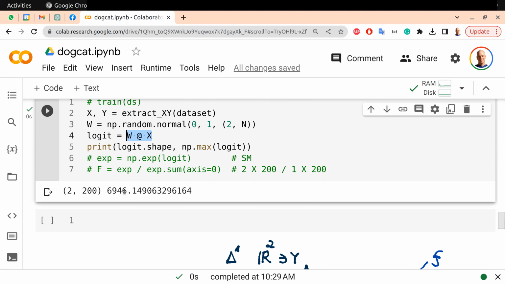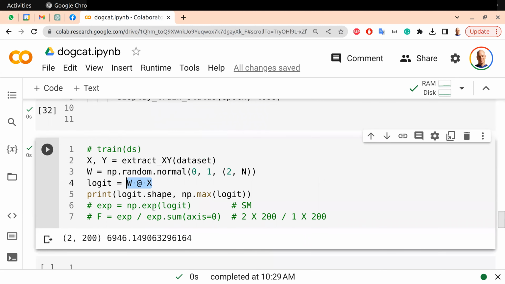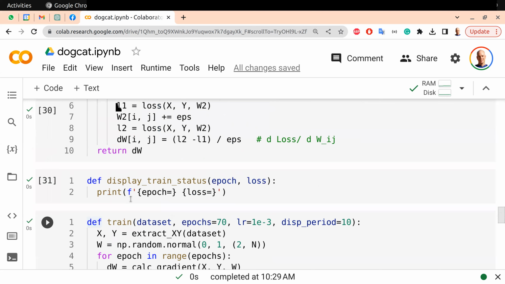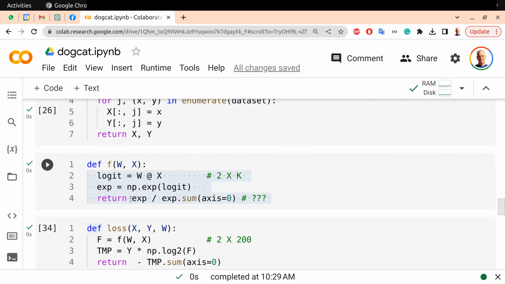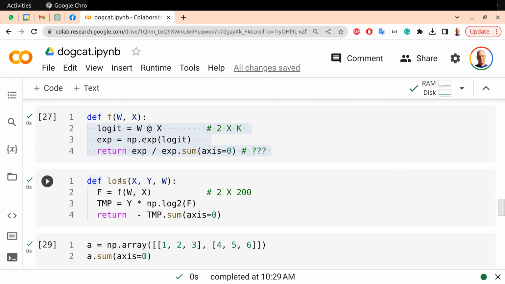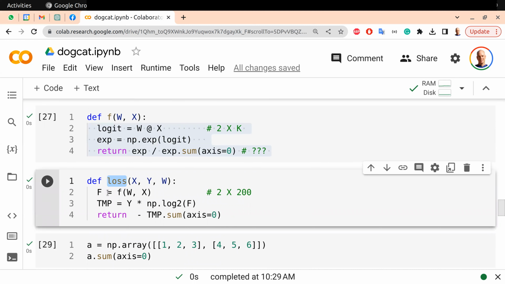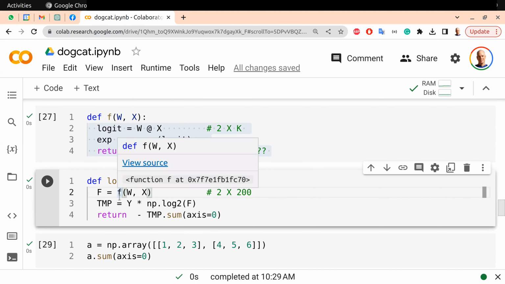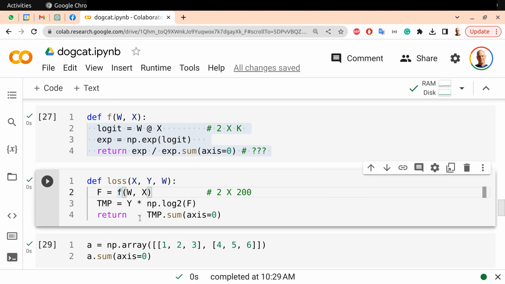Okay, so clearly we have a numerical problem with the softmax function. Also, I want to point out another thing. Look at the loss function. After f, we have a normalization, which is e to the power.